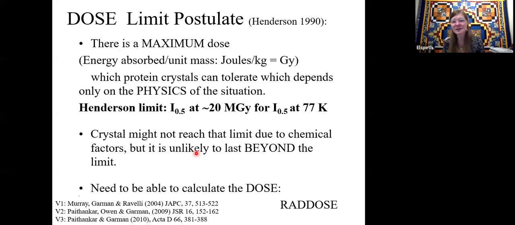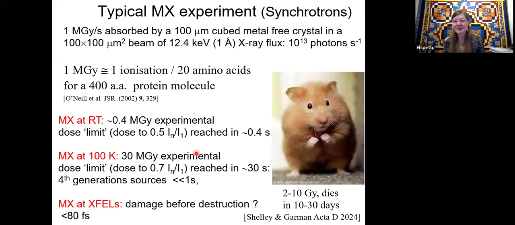So to do this, you need to be able to calculate the dose, and just to orientate you with doses, a typical protein crystal which hasn't got any metal in it, so it's not terrifically absorbing, only organic elements and sulfur, will absorb about a megagray a second. And this little hamster here, if he gets 2 to 10 gray, he will die in 10 to 30 days.